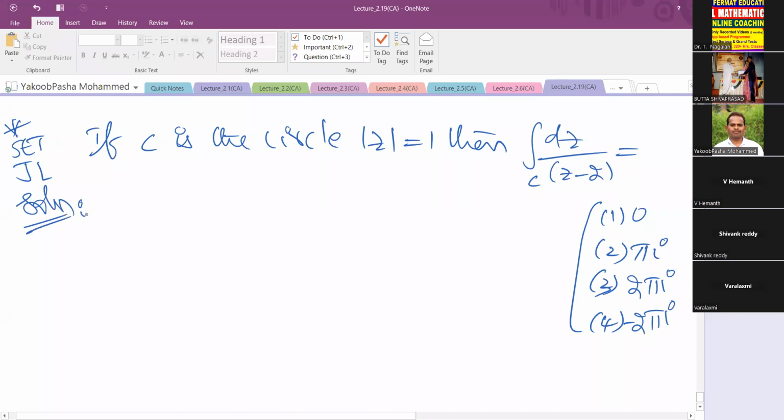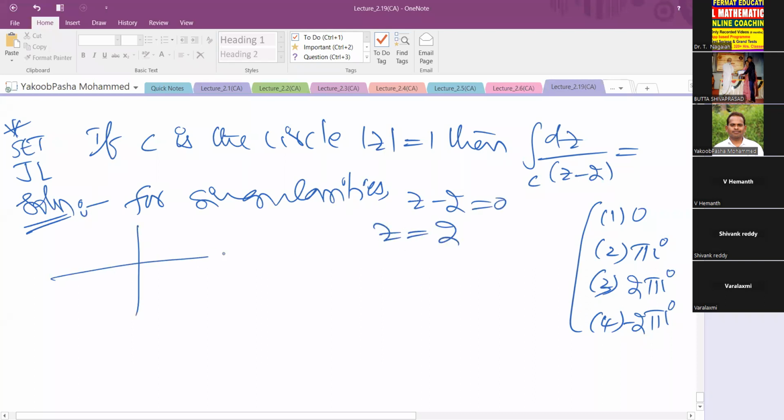First we have to find the singularities. Singularities: Z minus 2 is equal to 0, so Z is equal to 2. The circle has radius 1 unit, running from minus 1 to 1, so 2 is outside.